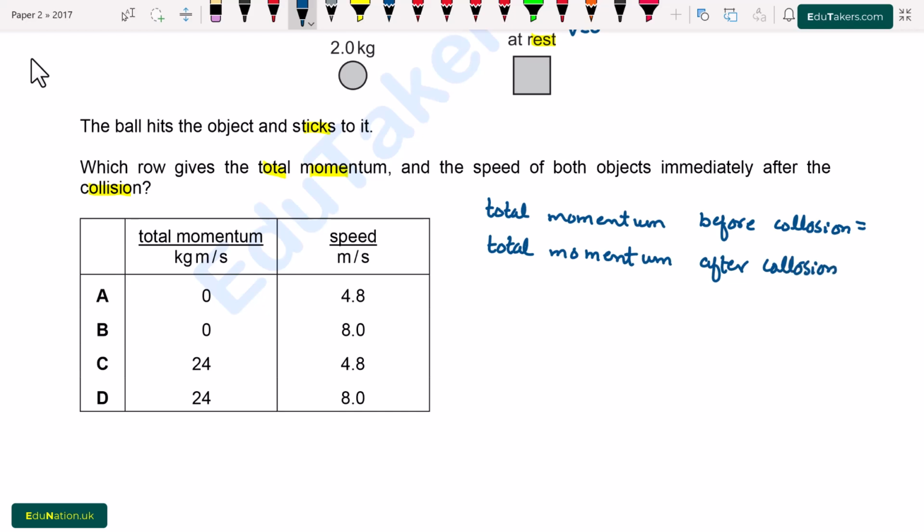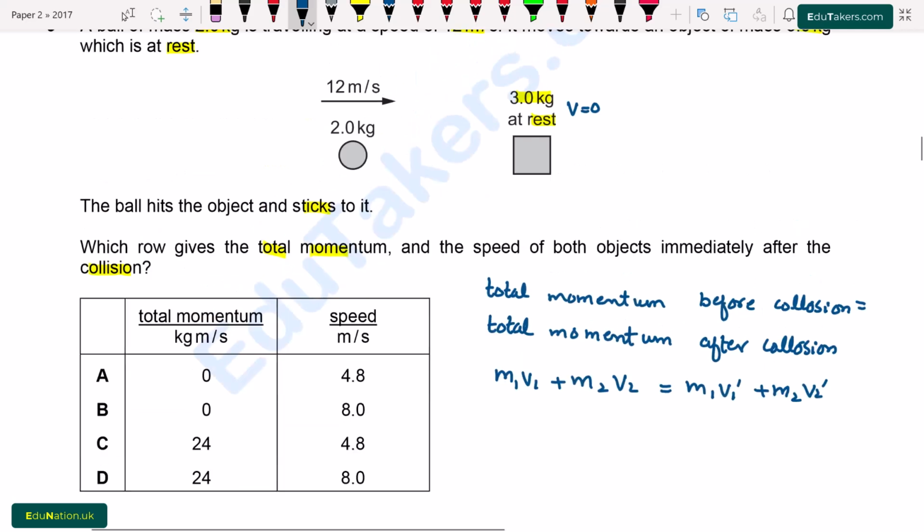Before collision, I write here m1 v1 plus m2 v2. It will be equal to m1 v1 prime plus m2 v2 prime, where m1 v1 is the momentum of the ball while m2 v2 is the momentum of the object.